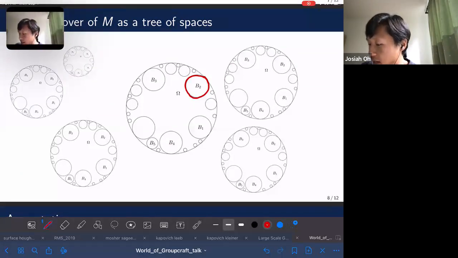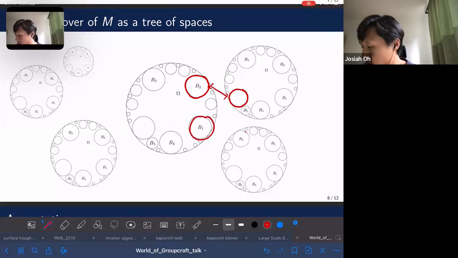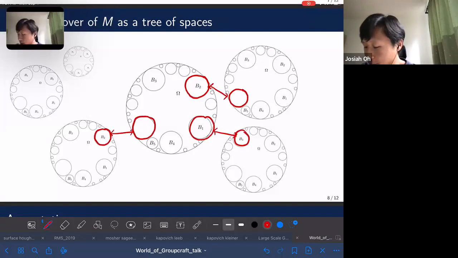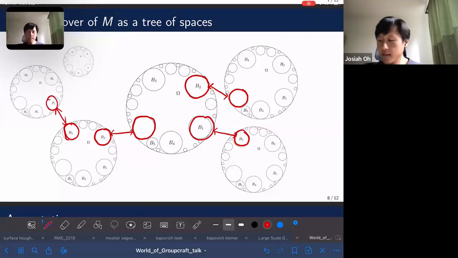And that's, say, maybe going to be connected to this coming from another piece. So you have all these connections. So maybe I'll just draw some arrows. And we're in the universal cover, so you're going to have all these arranged in a tree-like way. Okay, so on and so forth. So what we get is the universal cover of M, the graph manifold, as a tree of spaces.